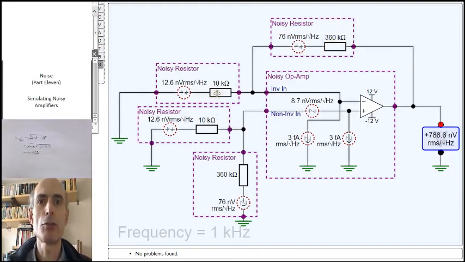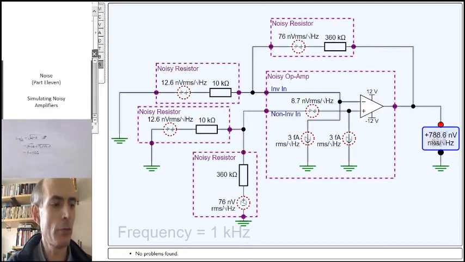Replace the 10k resistors with 1k resistors and replace the 360k resistors with 36k resistors. If we do that, the noise voltage would drop by the square root of 10, and the output noise would correspondingly drop. At the moment, it's 788.6 nanovolts.